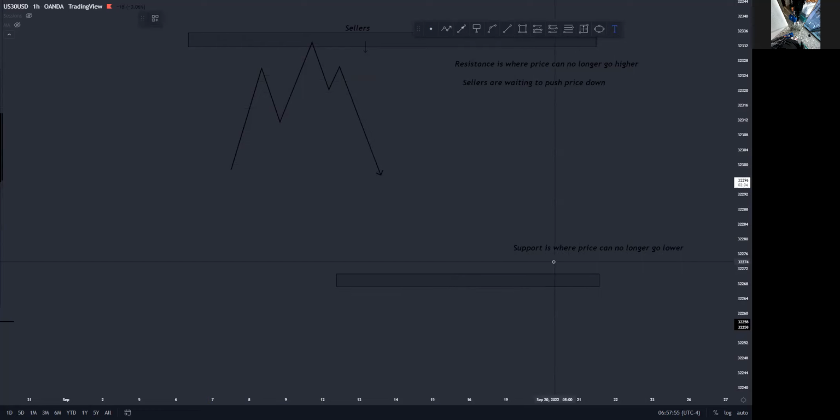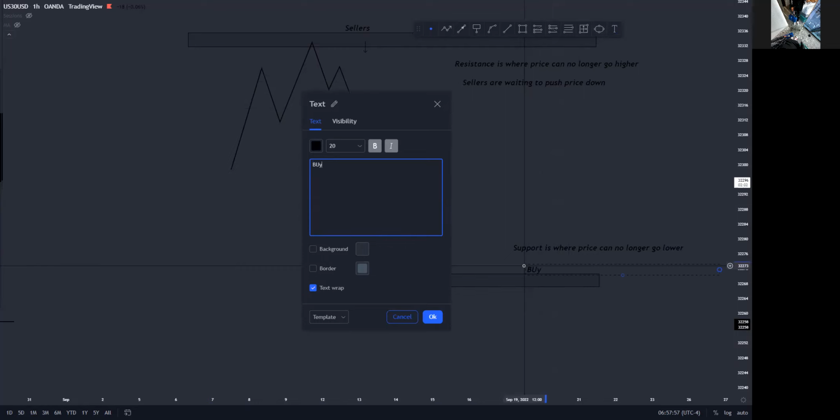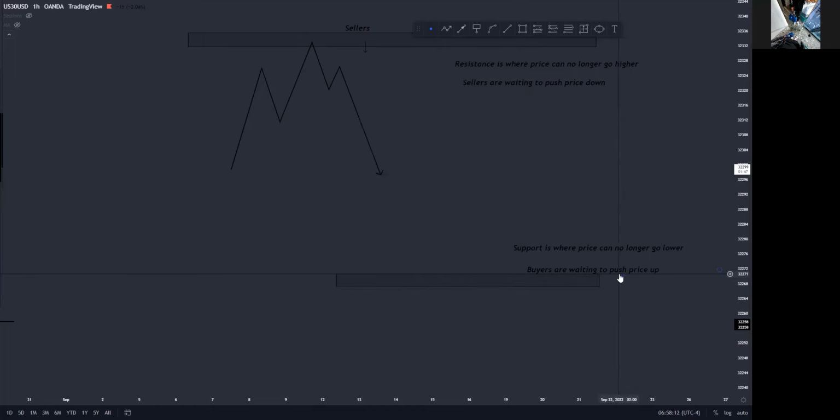Also, this is where buyers are waiting to push price up, right? So this is an area of where price is normally going to buy off of.